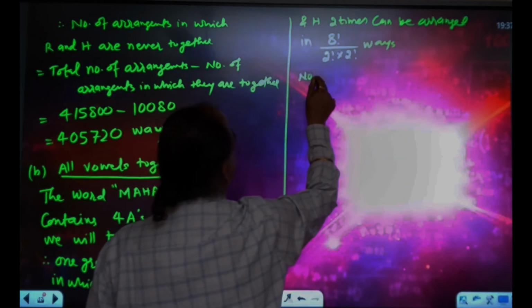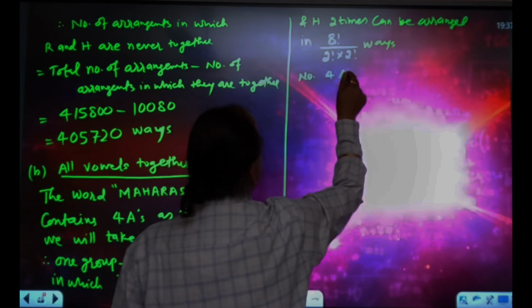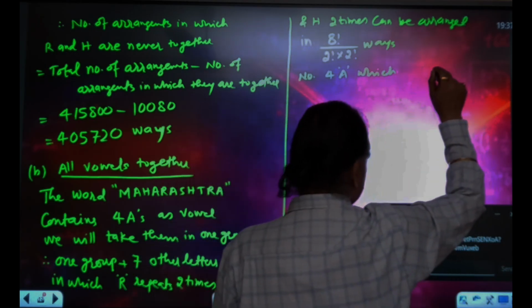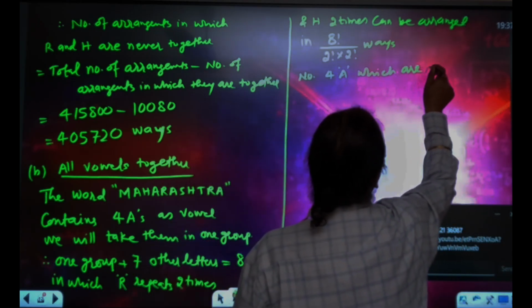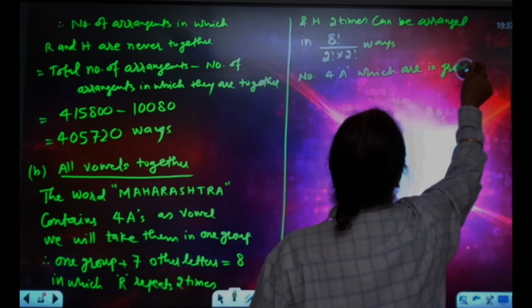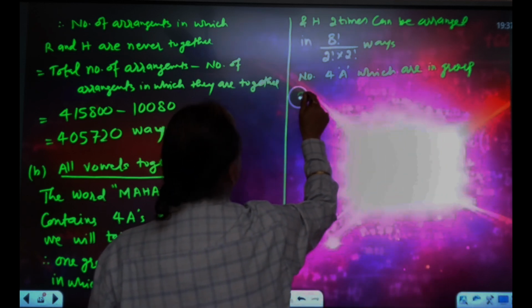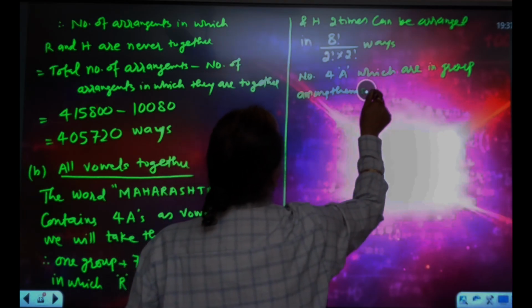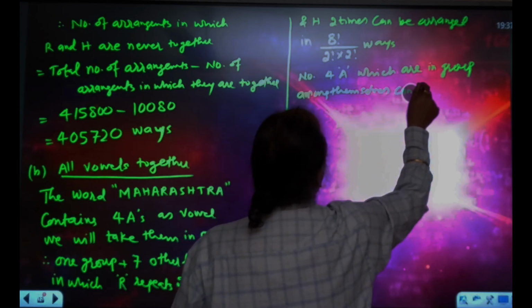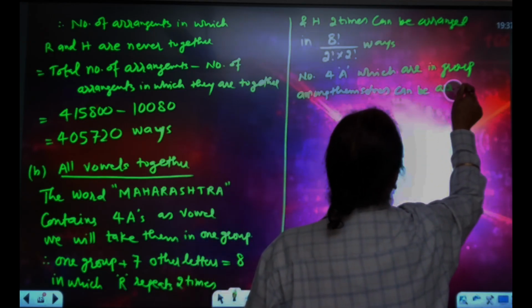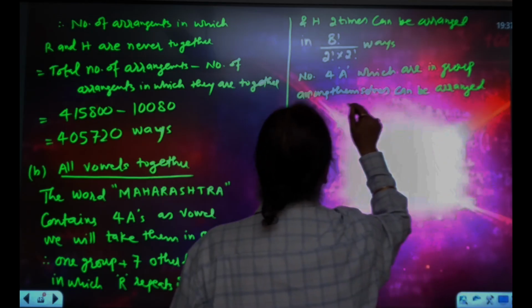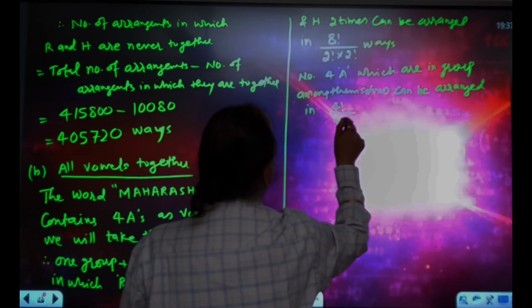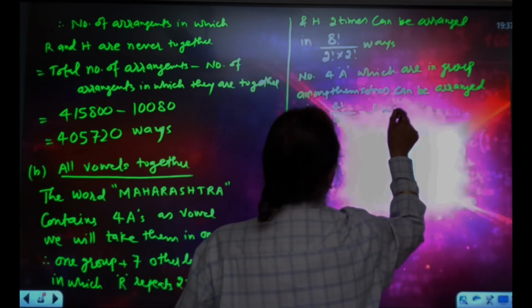Now, the 4 A's which are in the group can be arranged among themselves in 4 factorial divided by 4 factorial, which is 1 way.